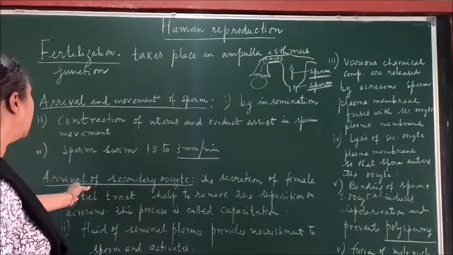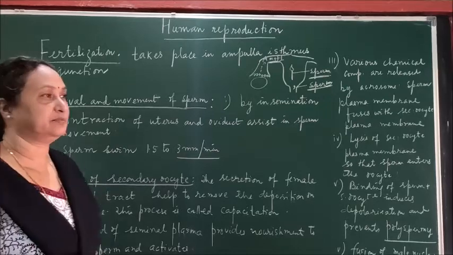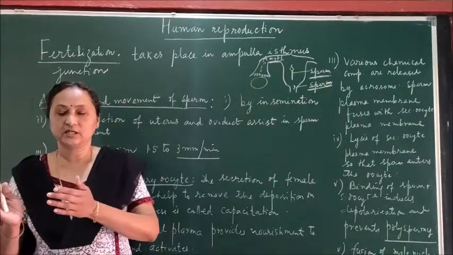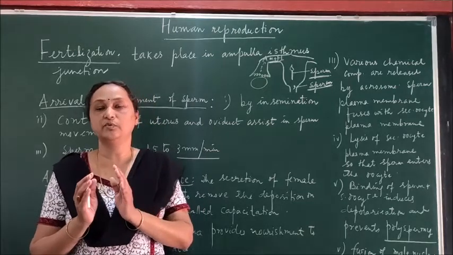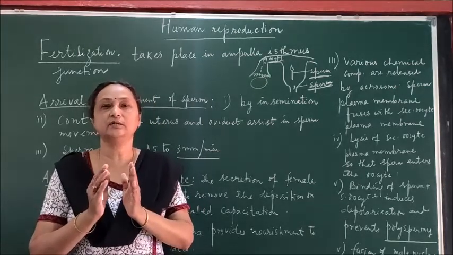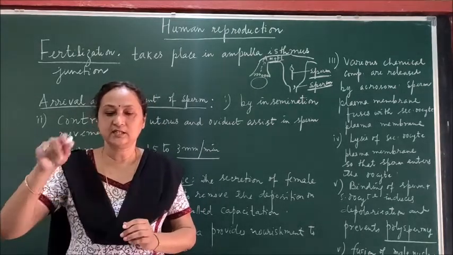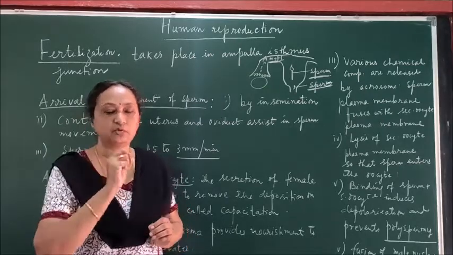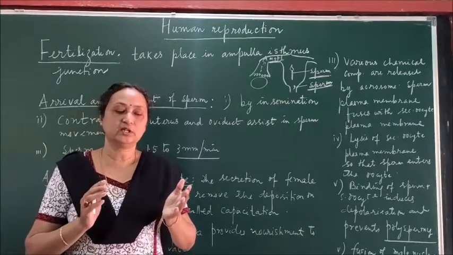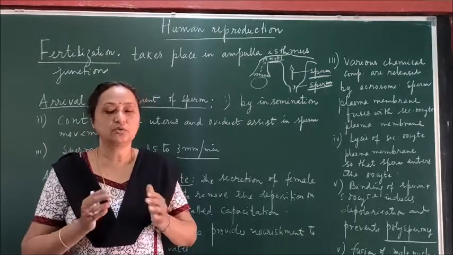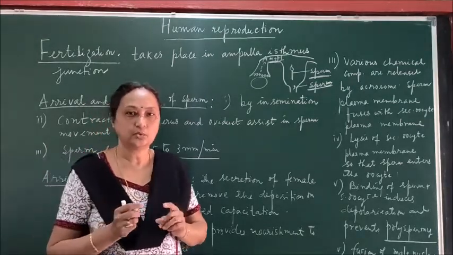Okay. Now how does the ovum arrive? The ovary releases the ovum, but actually now we cannot call it an ovum. Now it is called a secondary oocyte. Inside the cell there is one small polar body and the secondary oocyte. Because the polar body does not have any role, the ovum is now the secondary oocyte.